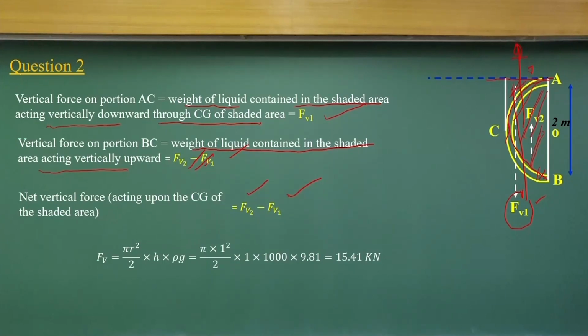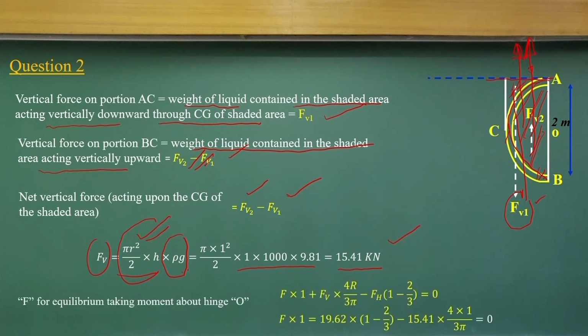That means you just find the volume of the cylindrical area times the specific weight of the water, that is rho g, which comes out to be 15.41 kilonewton, the net vertical force acting on this gate part.